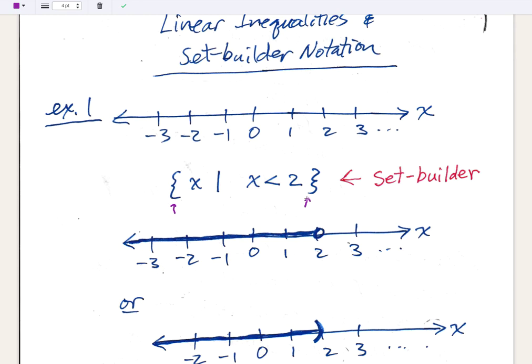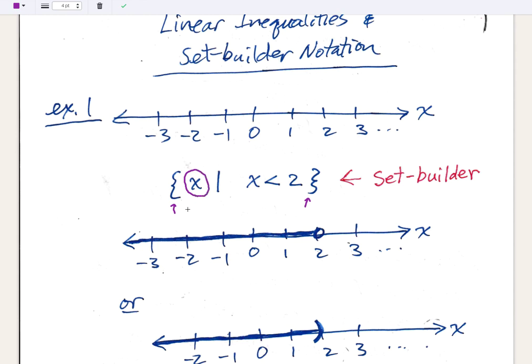This is going to be read in the following way for us. When you see those curly braces, you're going to say the set. That automatically means you're dealing with a set. And then you're going to universally quantify this. You're going to say the set of all, and this will assumably be real.